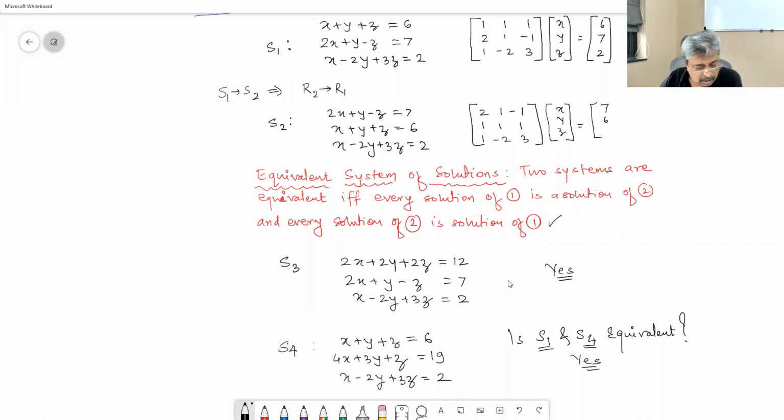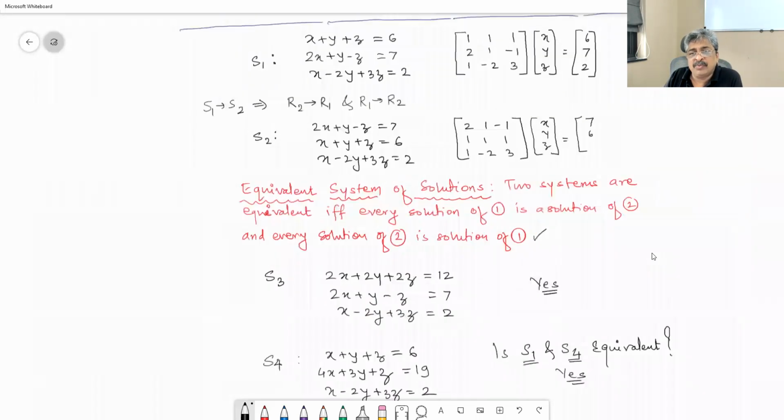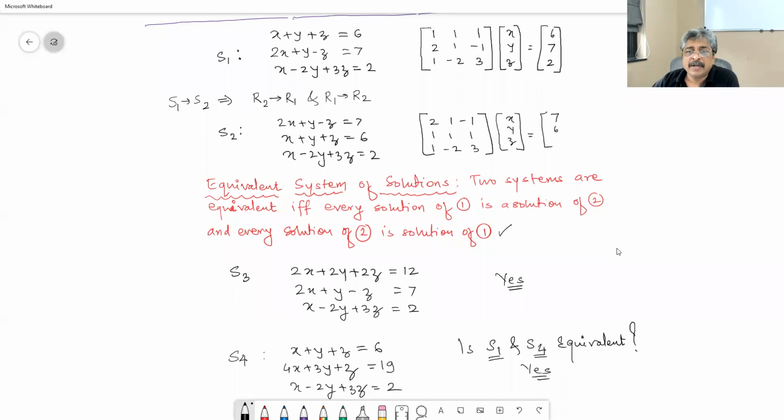Row number 2 becomes row number 1, and row 1 becomes row 2. This is the transformation we are doing and it is acceptable. So flipping rows is okay. Whatever is applicable for rows is applicable for columns. We will concentrate on row transformations more than column ones because it is visually easy to understand. However, I can write this particular S1 itself.